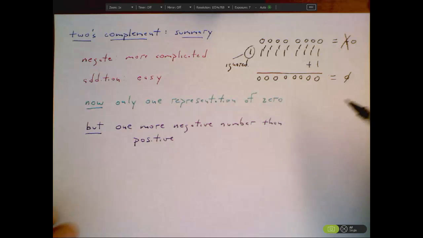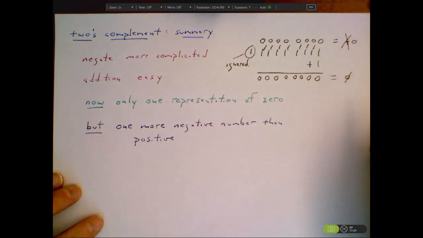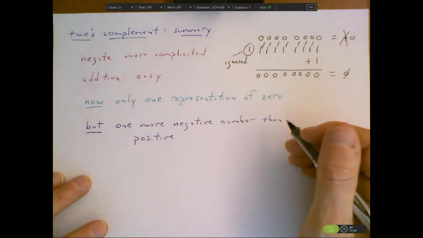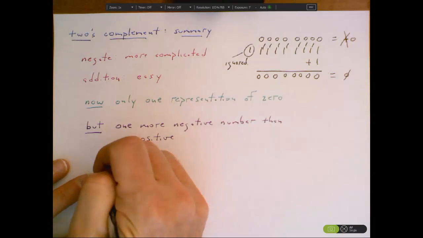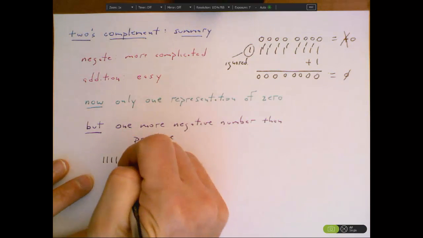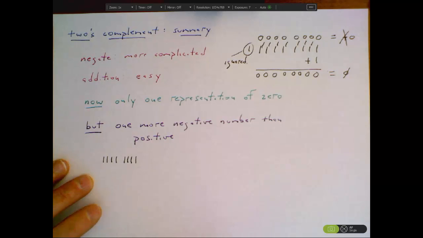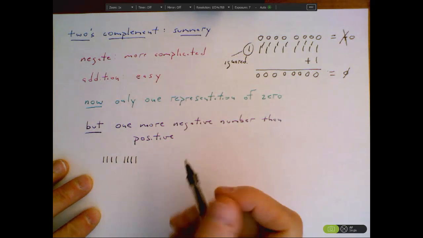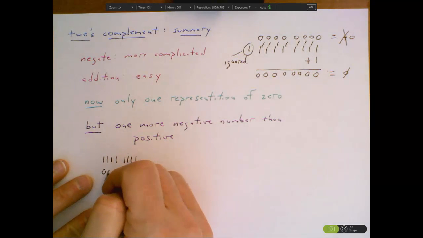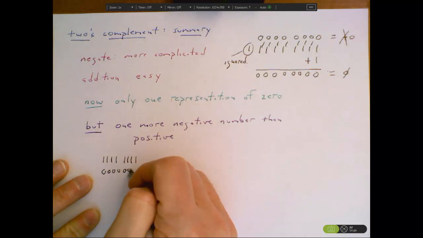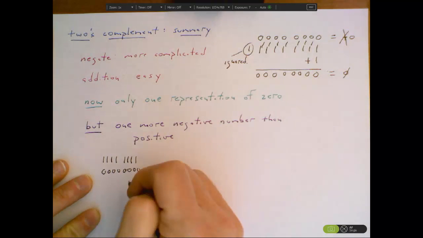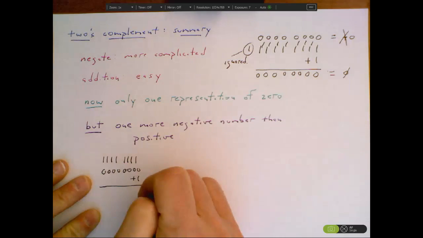Let me show you actually what that most negative number is. You might think the most negative number would be this, all the bits set. But if we negate that in 2's complement, we get 0, 0, 0, 0, 0, 0, 0, 0. And now we always add 1 when we're negating.